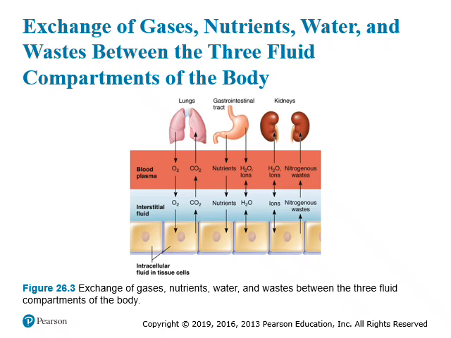So exchanges between the plasma and the interstitial fluid occur across the capillary walls. And this is your blood, okay? This is the interstitial fluid. Pretty much wherever the capillary wall is, that's where the exchange is actually happening.